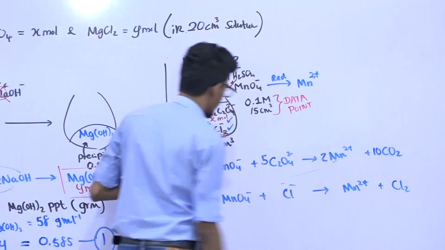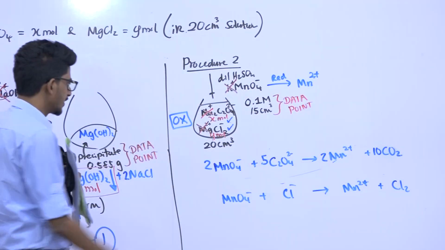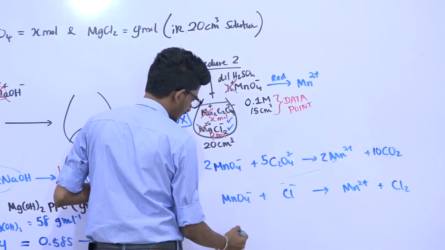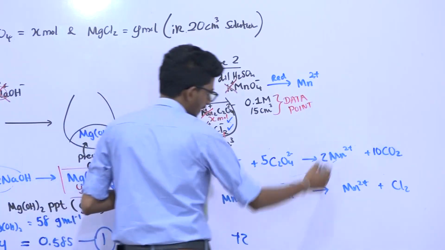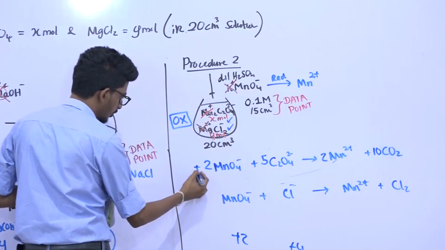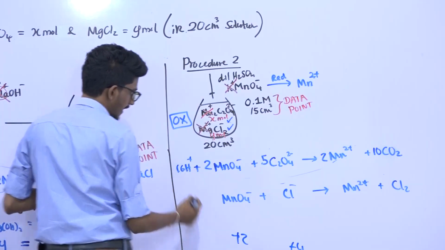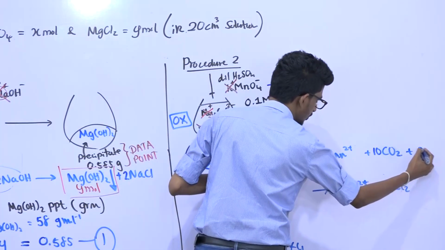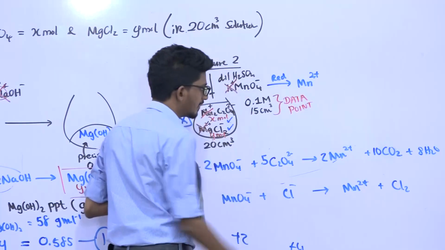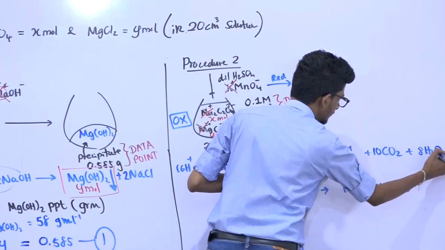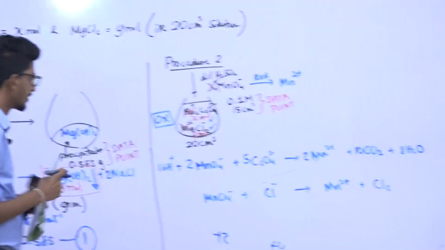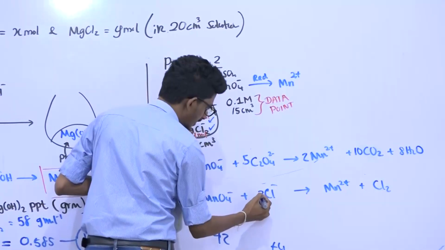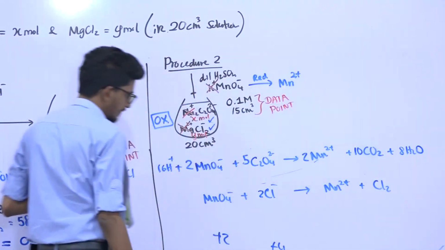Then balancing: minus 2, minus 12, and here plus 4, 16 of difference, so 16 H pluses and 8 H2Os. Quickly complete the other one as well, completing the two chemical reactions. First of all, you need 2 here, as 2 chlorines are there.